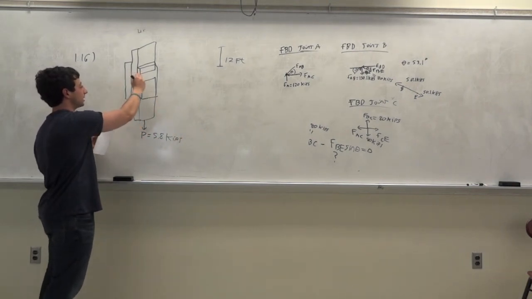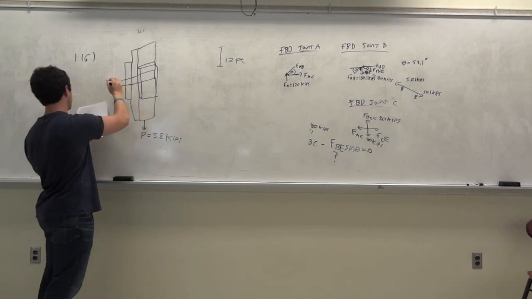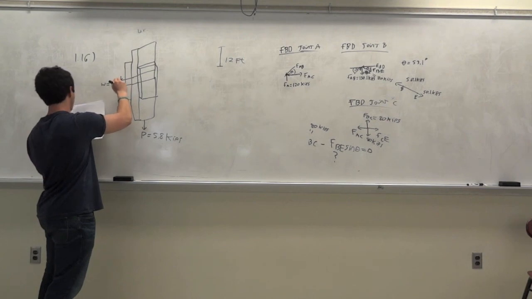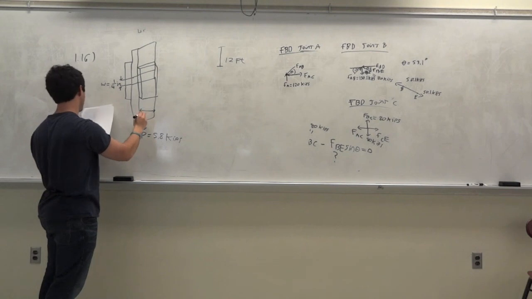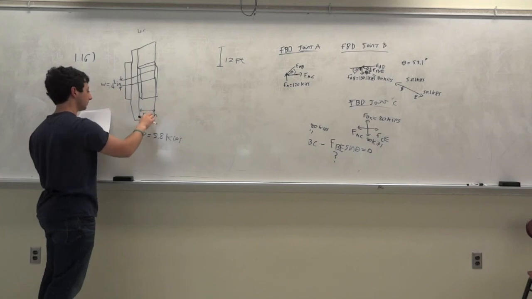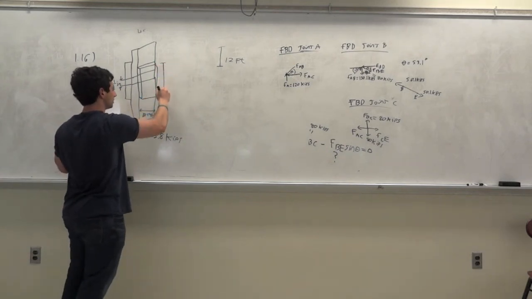There's a gap over here, which is just empty space, and they give you the dimension of that. They say W is equal to 1/4 of an inch. And the width of this, they call it B, is 4 inches. And then you have this length over here, L, which is unknown.